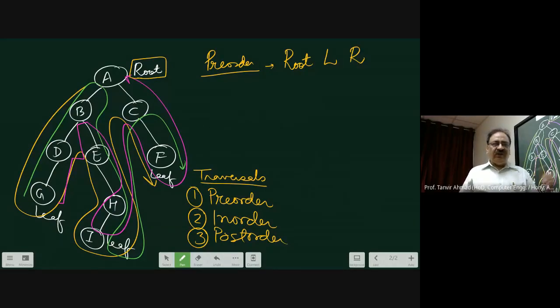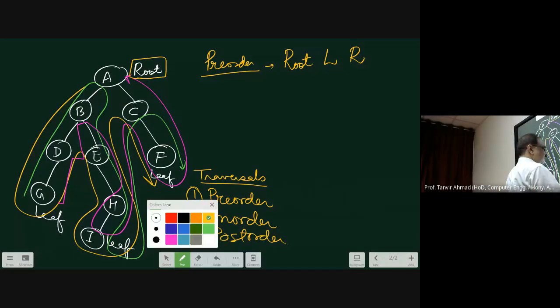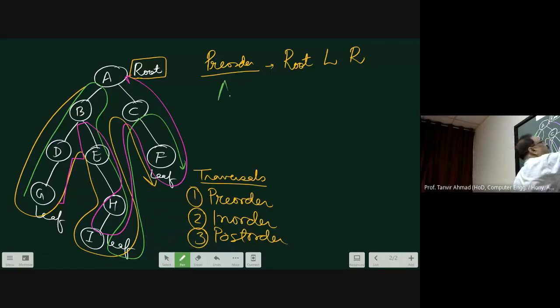Now let us see how we are going to traverse this tree in pre-order. You start with A. Then from A, I follow the left. Left is B. Now when I come to B, I find that I already get another subtree.